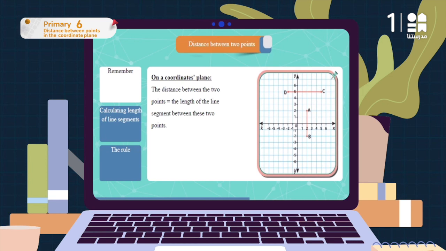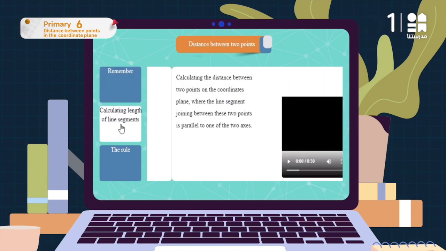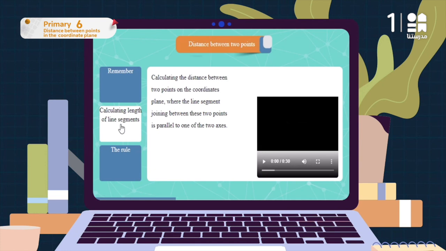But what if these points lie on a coordinates plane and have ordered pairs like the case in the opposite figure? Click on the Calculating Length of Line Segments tab to learn how to calculate it. Watch the video to learn how to calculate it on a coordinates plane.